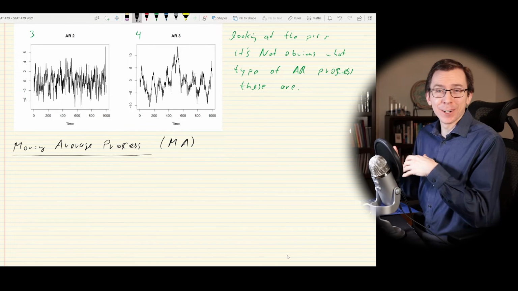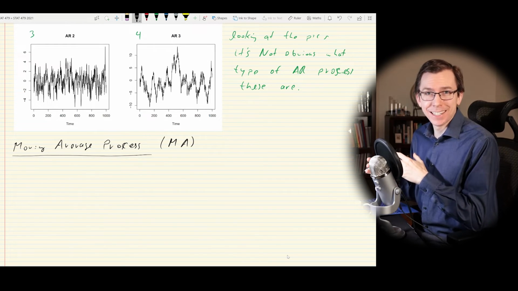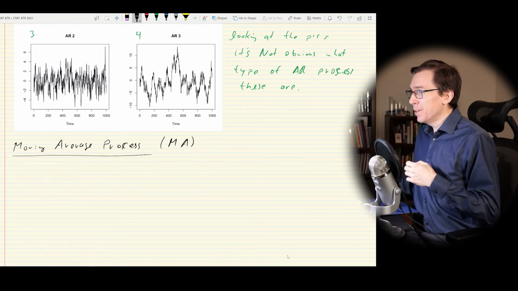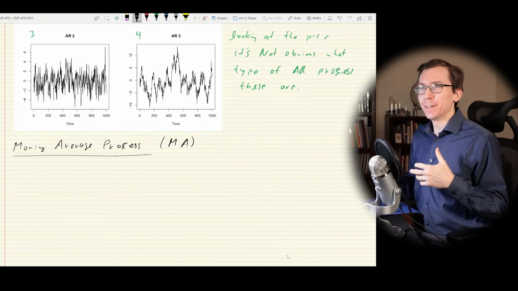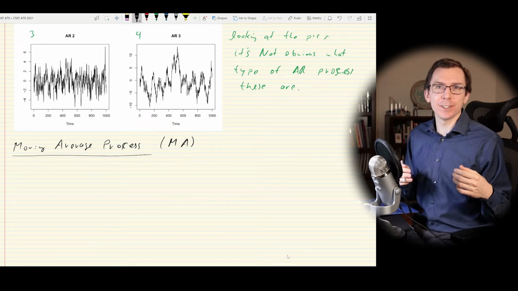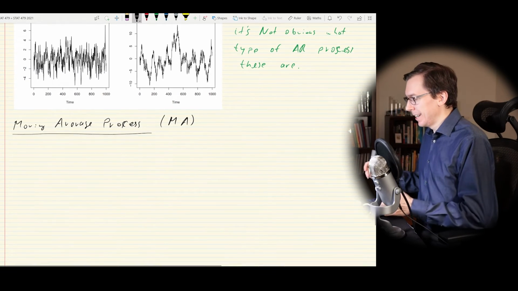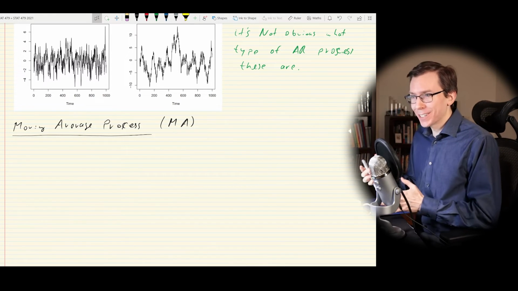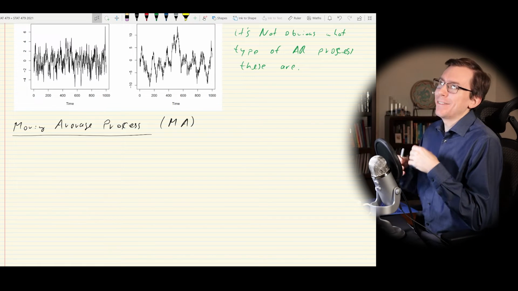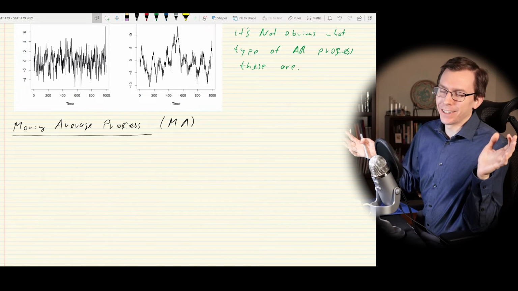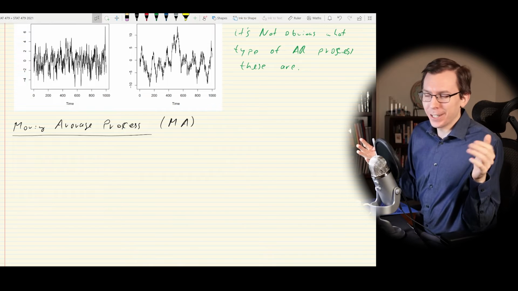All right, and we're back, and we're going to be talking about the moving average process now. The moving average process is a type of smoothing process, and this is something that you'll see very common in the real world, when you hear people say we have a 7-day average for something.